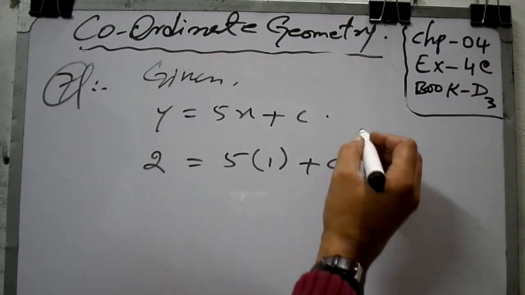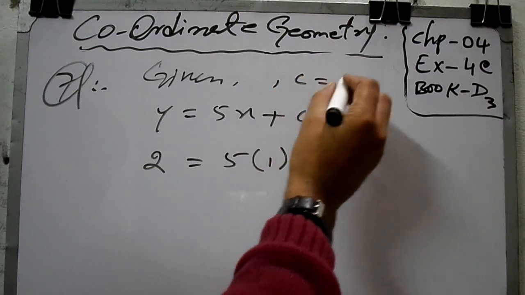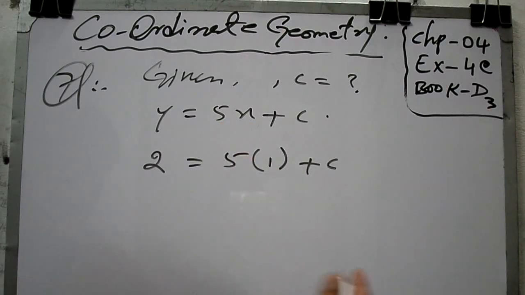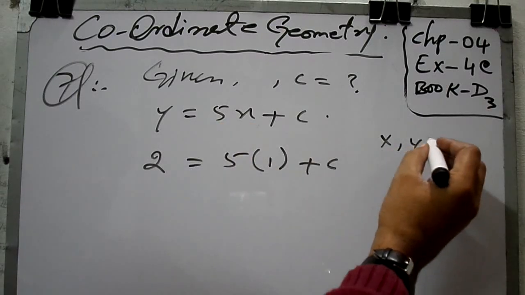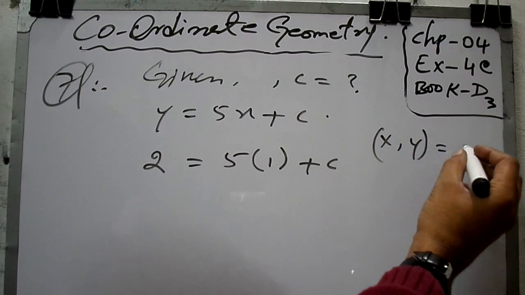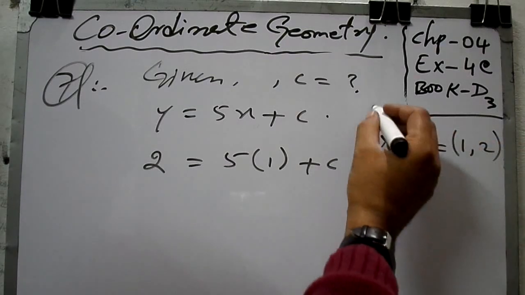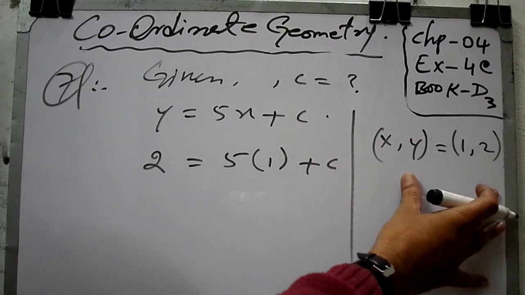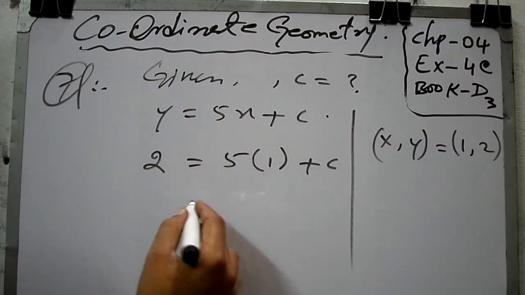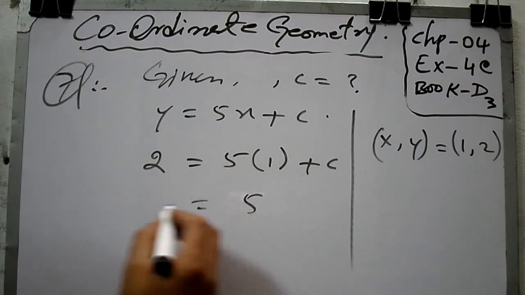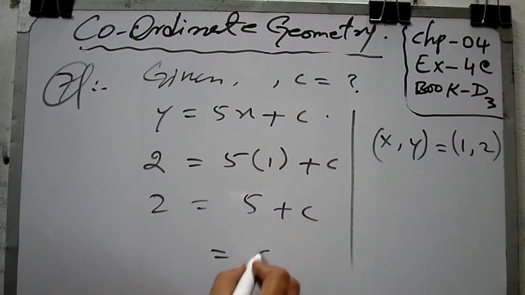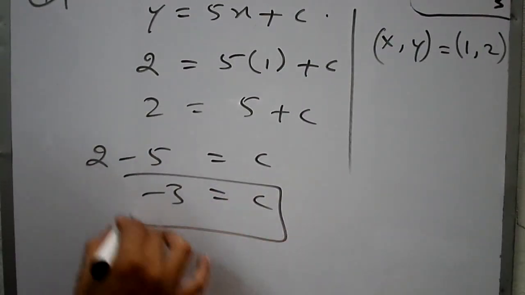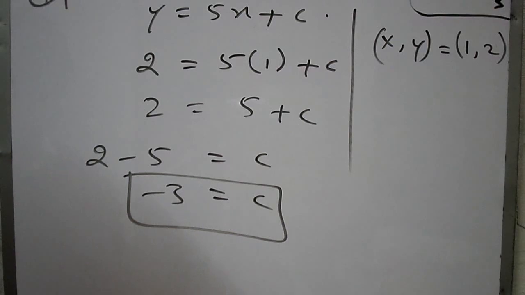We have to find the value of c, because it is given that x, y is 1 and 2, so I only have to put the values to simplify it. 5 ones are 5, 2 equals 5 plus c, so shifting, the value of c is minus 3.